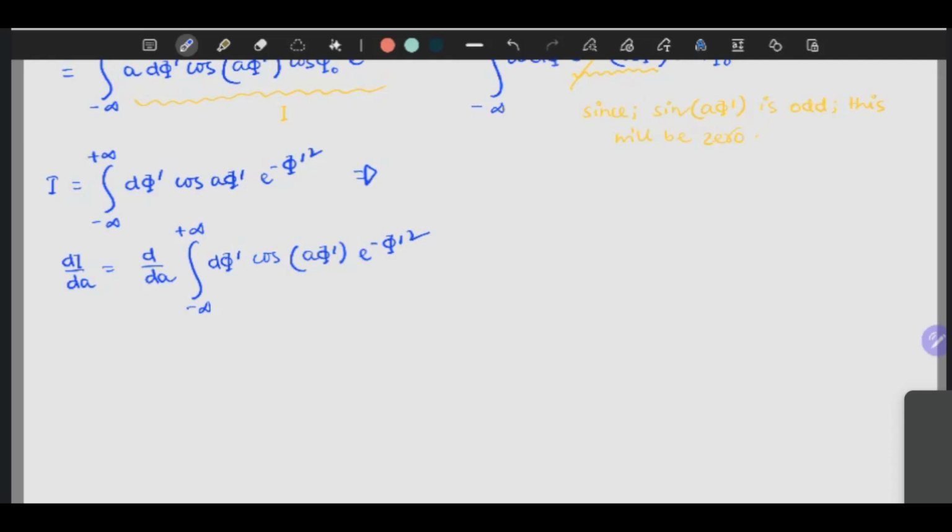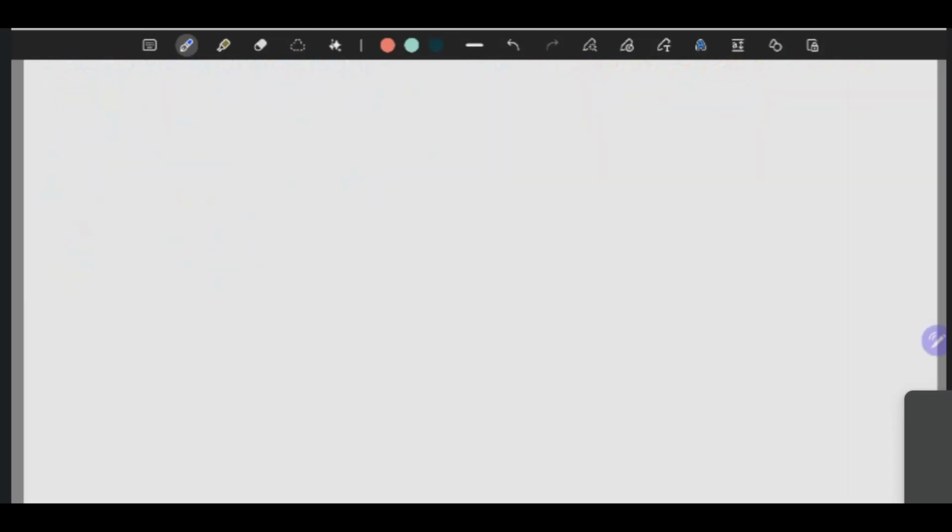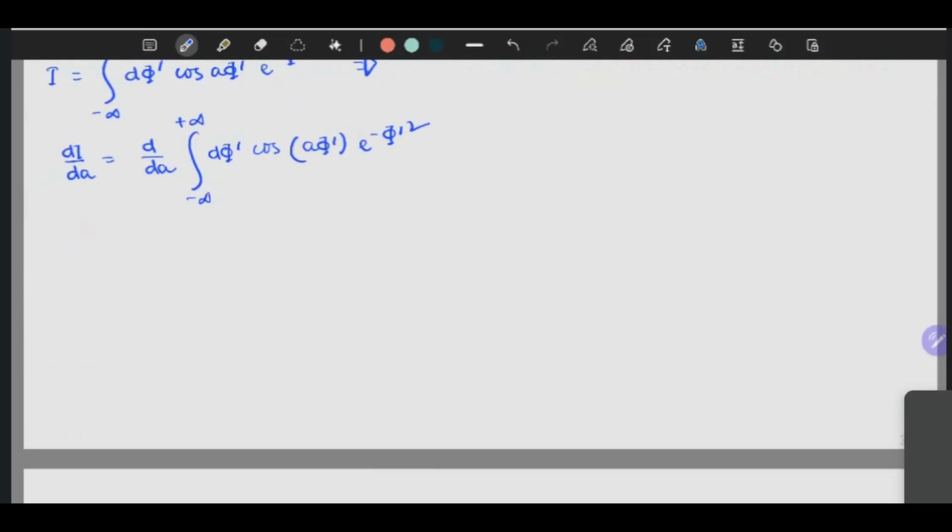So now it becomes d by dA of this, which in turn gives minus, because the only thing with a is the cos, so this will become the integral from minus infinity to plus infinity of d phi prime sine of a phi prime times phi prime e to the power minus phi prime squared.